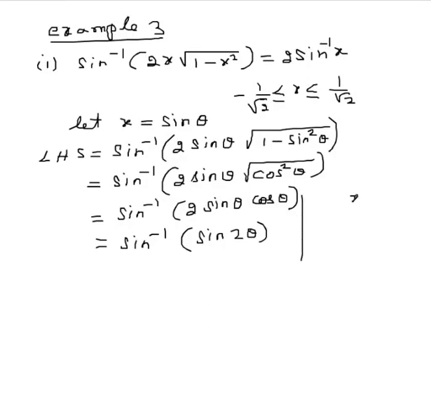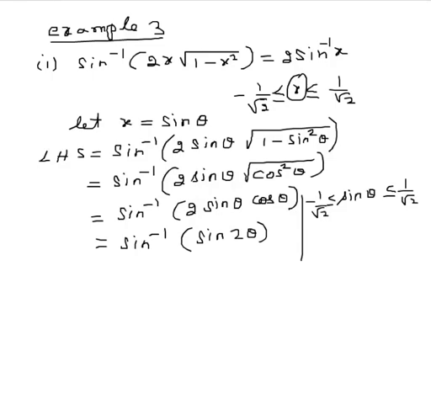The condition given is x is less than or equal to 1 by root 2 and greater than or equal to minus 1 by root 2. But our x is sine theta. So in place of x I am substituting sine theta. So sine theta is less than or equal to 1 by root 2 and greater than or equal to minus 1 by root 2. This is the given condition.